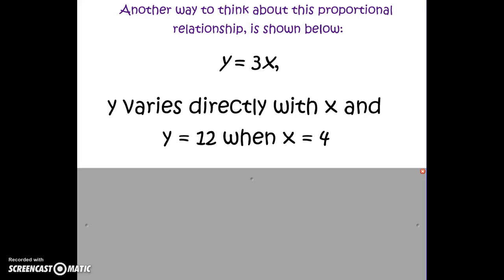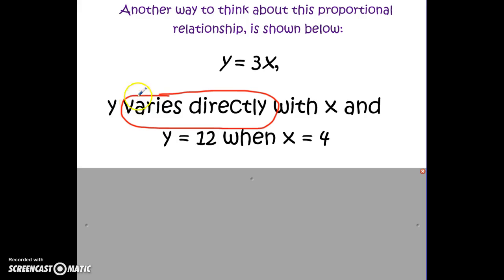Another way to think about this proportional relationship is shown below. Y equals 3x. Y varies directly with x, and y equals 12 when x equals 4. So you have a couple things to fill out. It's this terminology that we need to be familiar with. Y varies directly with x, and y equals 12 when x equals 4.